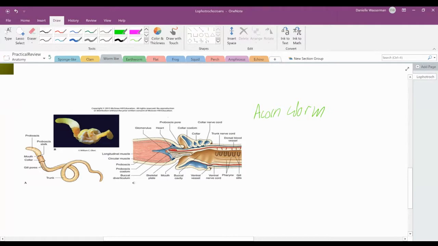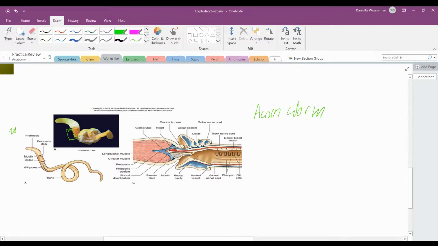So distinct from an earthworm, easily, which also has a band like this, which in an earthworm is called the clitellum, or in a leech is called the clitellum. You don't always see a clitellum in a leech, but I believe they are there, or they were lost at some point.